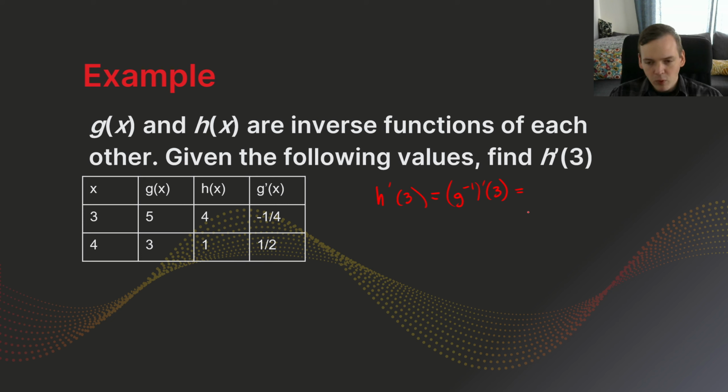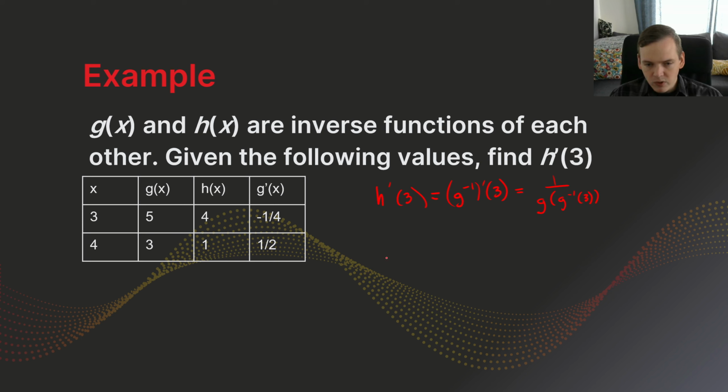And now from before, we know that g inverse prime of 3 is going to be equal to 1 over g prime of the inverse value at 3. So this is just using the equation from before with way too many parentheses. So I want to find g inverse of 3, because that will tell me where on g is my equivalent point.